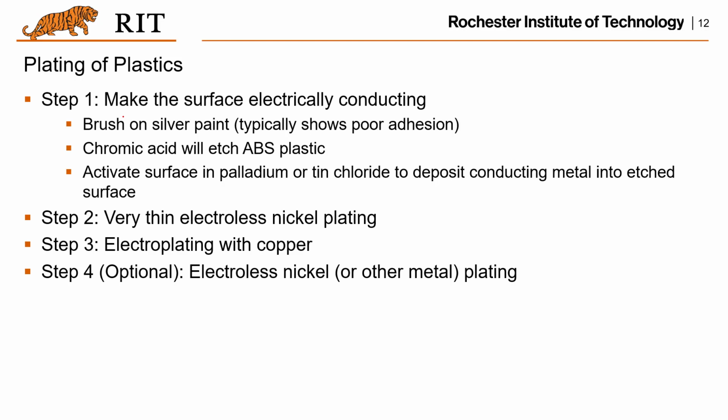Then you plate a very thin layer of electroless nickel. After that, you can electroplate with copper, brass, or other metals, and then further do another layer of plating or not. It turns out you will have a fully plated part for different applications as you need.